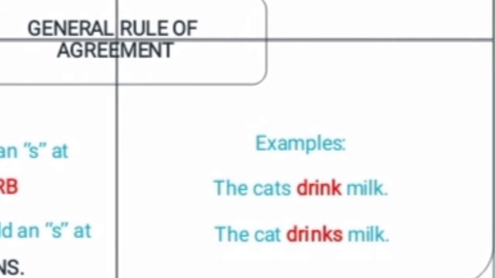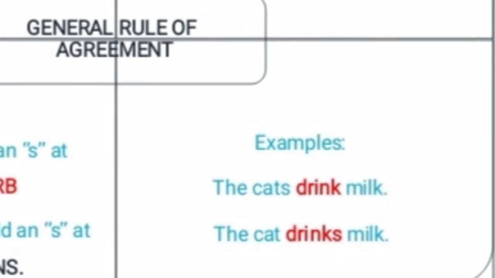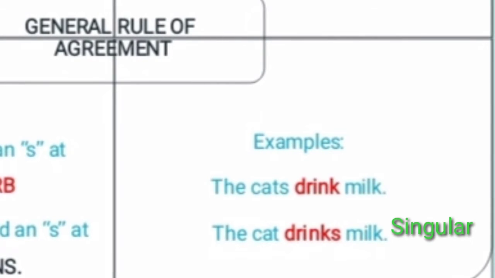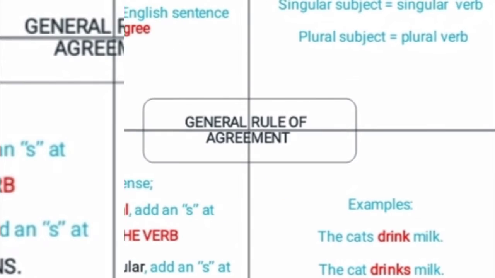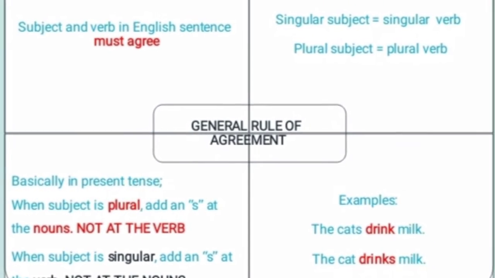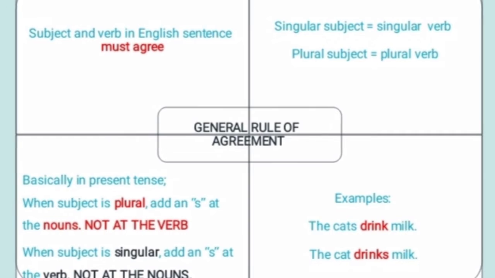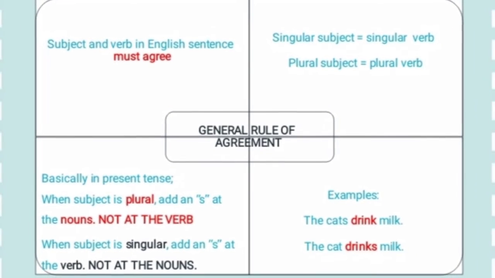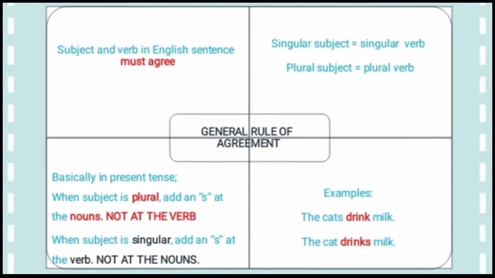And the same goes with the second example. The cat drinks milk. The letter s is added at the verb, and it does agree with the singular subject must have the singular verb. And that is how agreement works. Both subject and verb must be in singular form or in plural form.